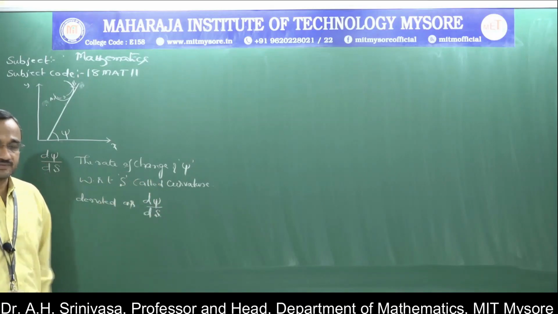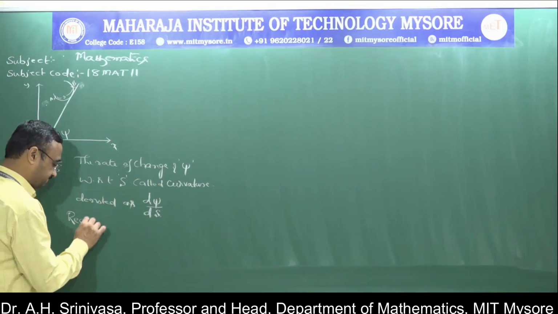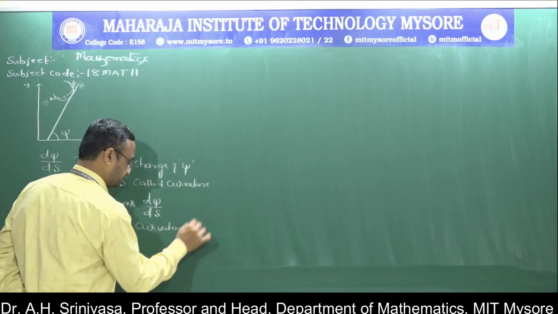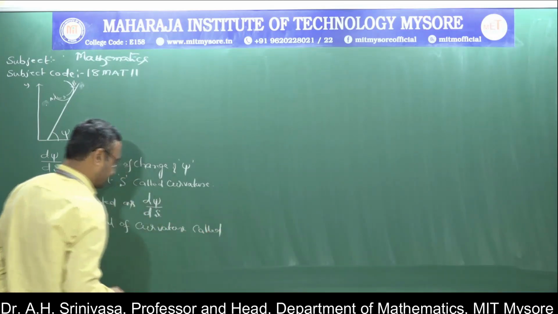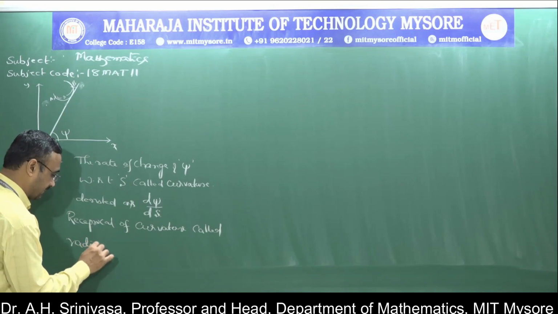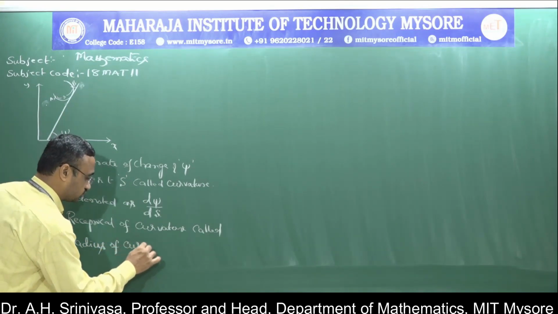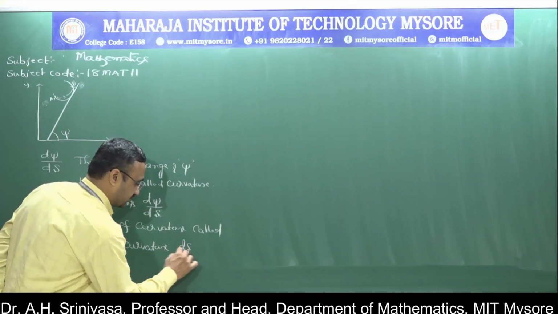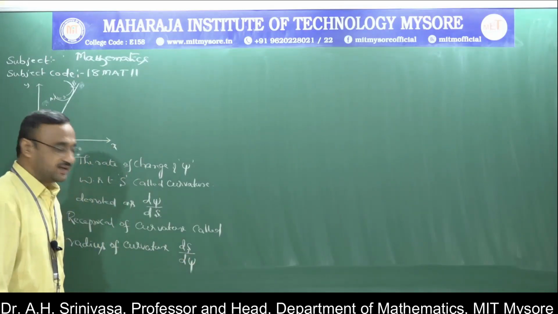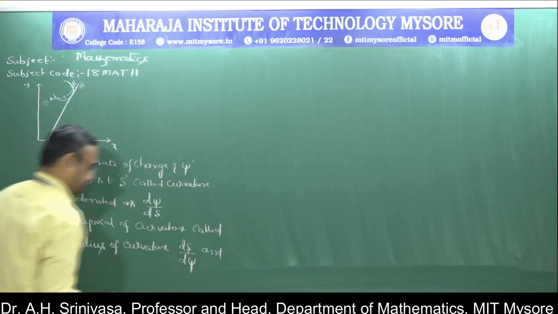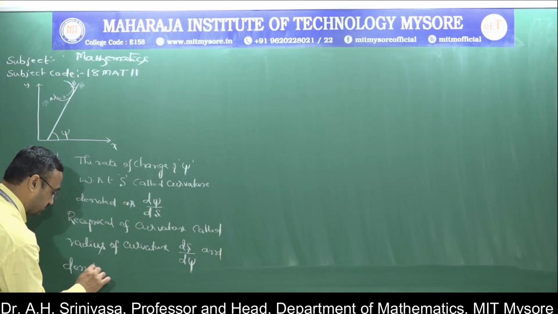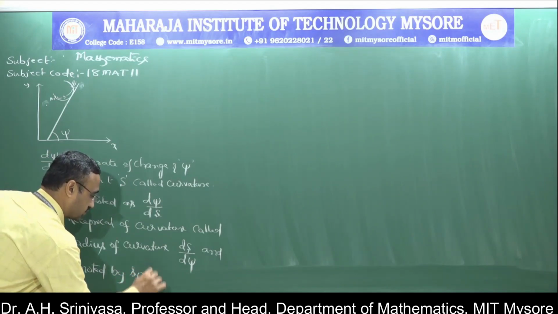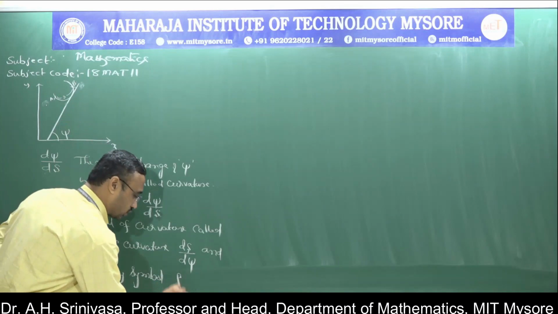If you take the reciprocal of curvature, we get ds by d psi, and it is denoted by the symbol rho.